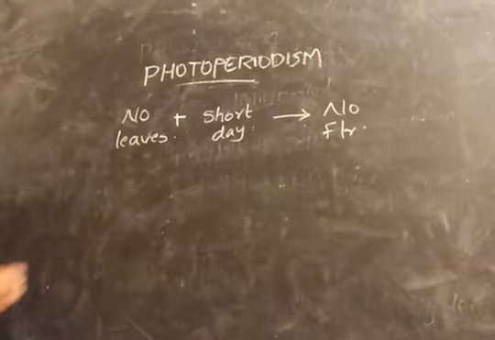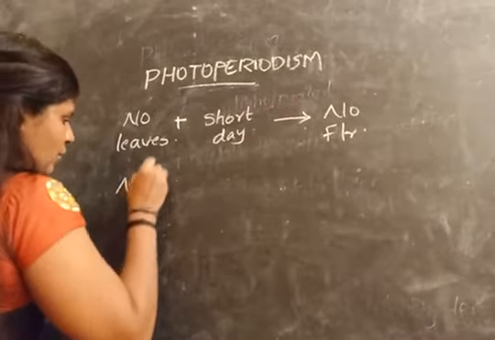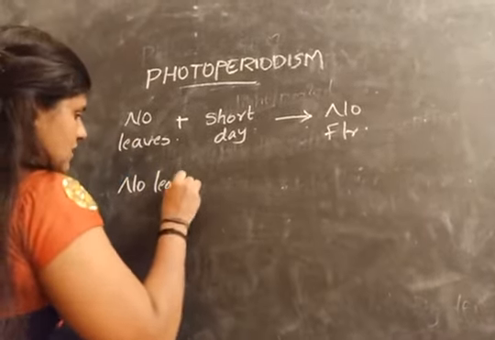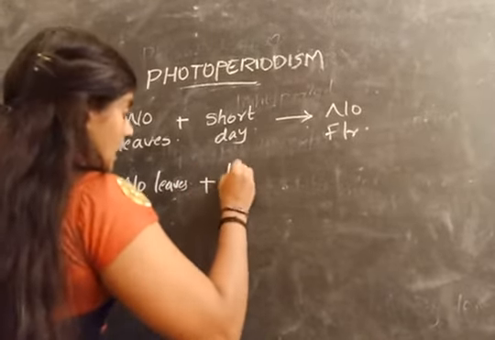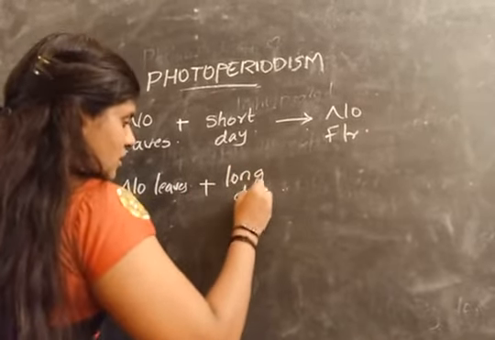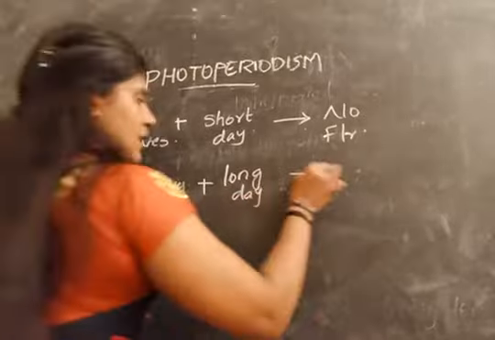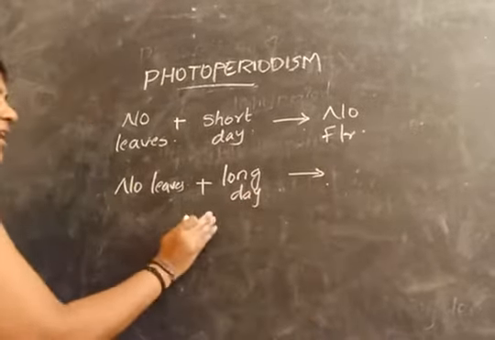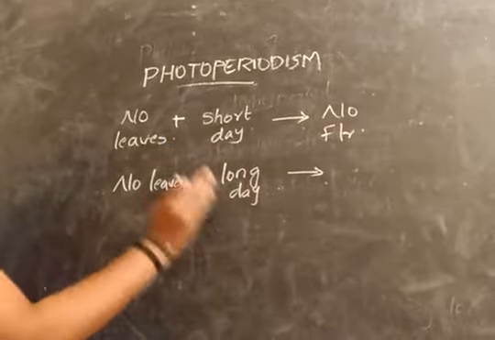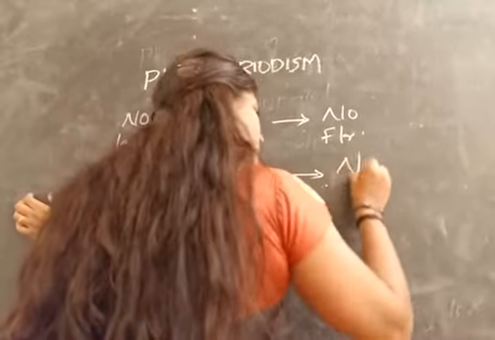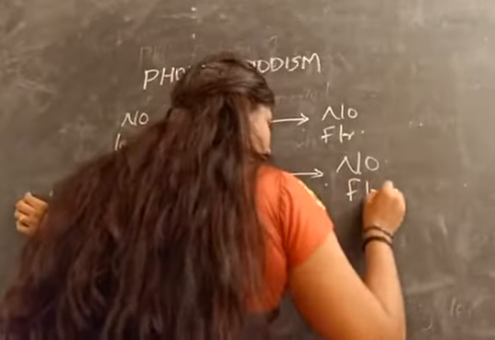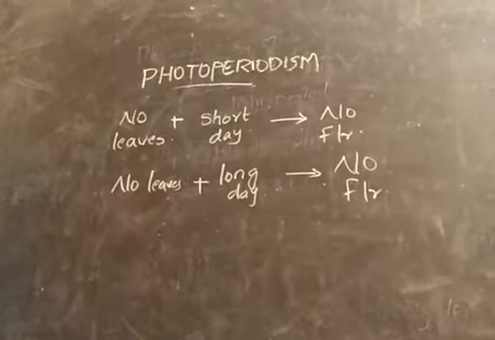Then they did the same with a defoliated plant kept in long day condition. You must be aware that it is a short day plant, but they kept the defoliated plant in long day condition. The result is also no flower.